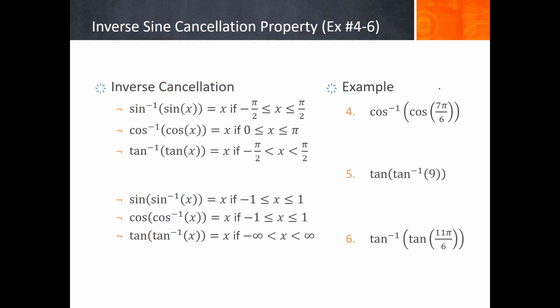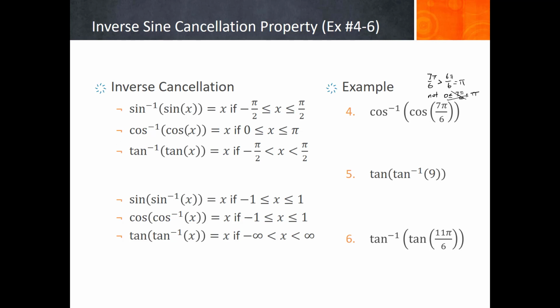Well, 7 pi/6 is greater than 6 pi/6, and the reason I'm saying 6 pi/6 is because that's just pi. Okay, so it is not between 0 and pi. Okay, so this does not work.